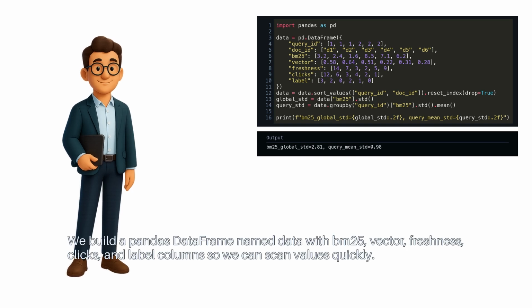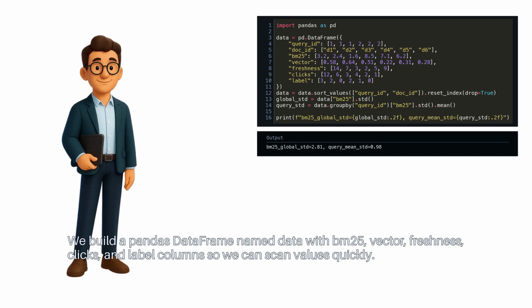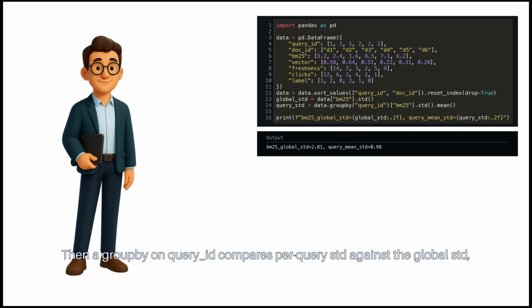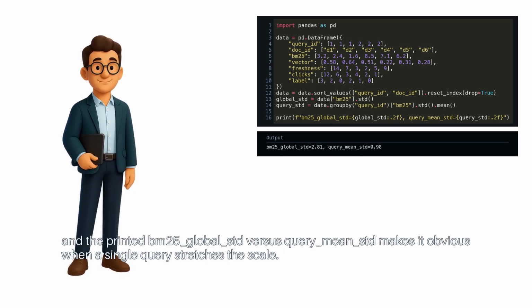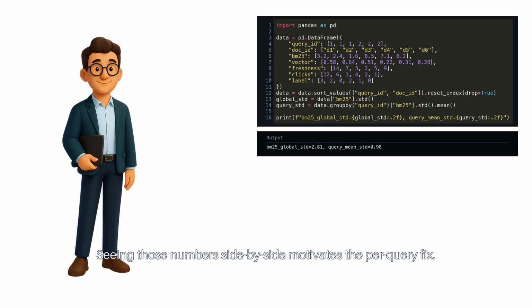We build a pandas data frame named data with BM25, vector, freshness, clicks, and label columns so we can scan values quickly. Then a group by on query ID compares per-query STD against the global STD. And the printed BM25 global STD versus query mean STD makes it obvious when a single query stretches the scale. Seeing those numbers side by side motivates the per-query fix.